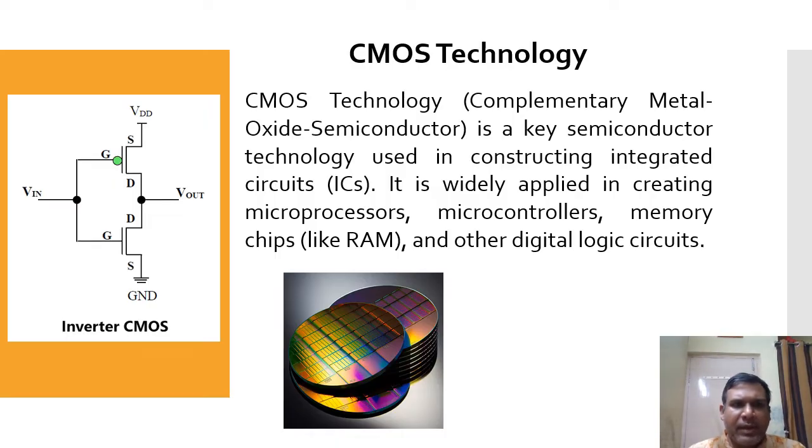You can see on the left-hand side two different types of transistors connected in a series configuration. This is the structure of a CMOS circuit, where one transistor is a P-type MOSFET and the other is an N-type MOSFET.